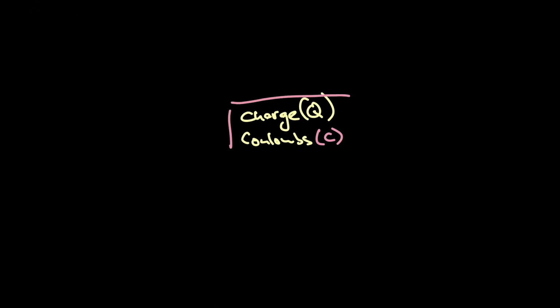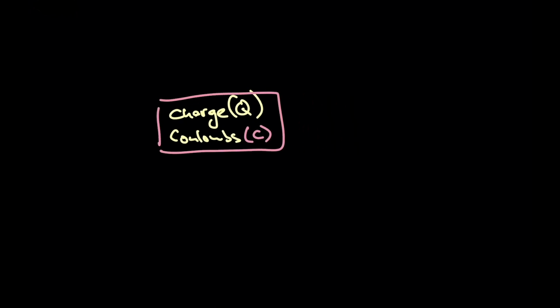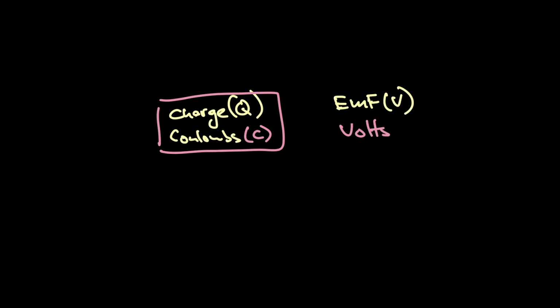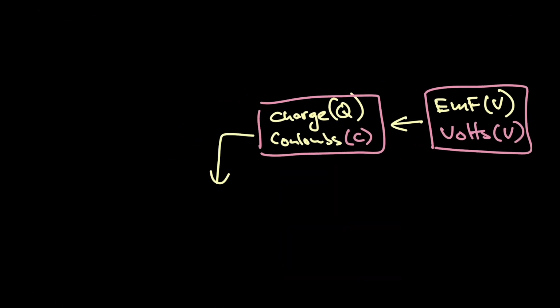Okay, let's start the story with charge. So charge is Q, and charge is measured in coulombs, which is C. And if we introduce electromotive force or EMF, V, which is measured in volts, V, if we introduce an EMF to a charge, we can create a flow of charge, which is what we call a current.